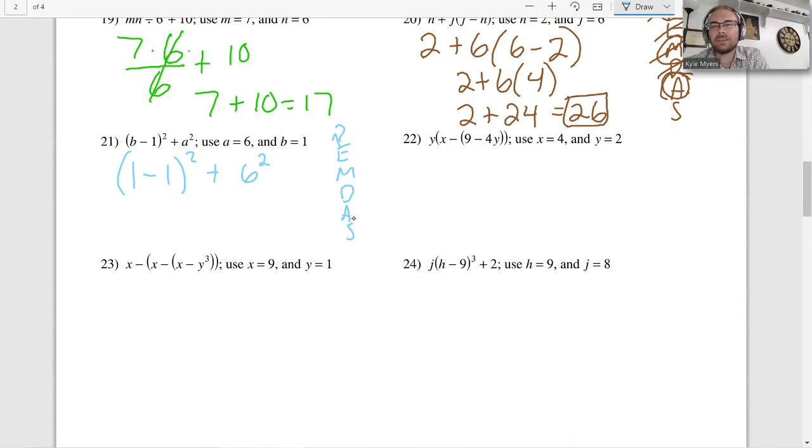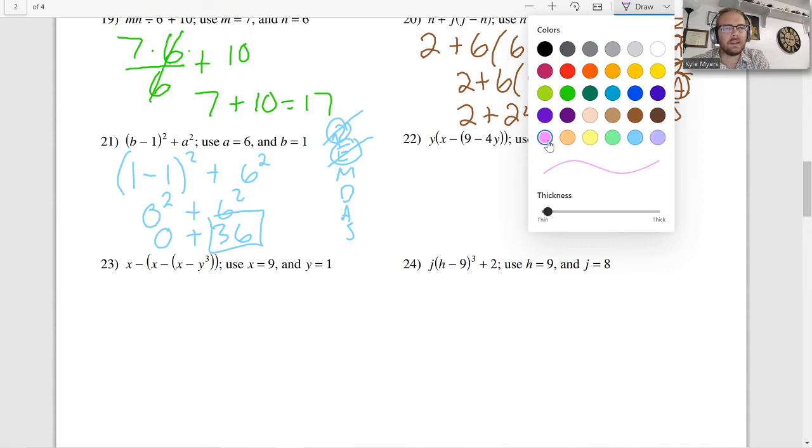So 1 minus 1. We do that first because it's inside the parentheses. 1 minus 1 is 0. 0 squared plus 6 squared. I could do 6 squared now, but I'm not going to. So yeah. Exponents, 0 to any power is 0. 6 squared is 36. All right, so we did exponents. We don't actually need to go down to the add step because 0 plus anything is that number. So the answer is just 36.